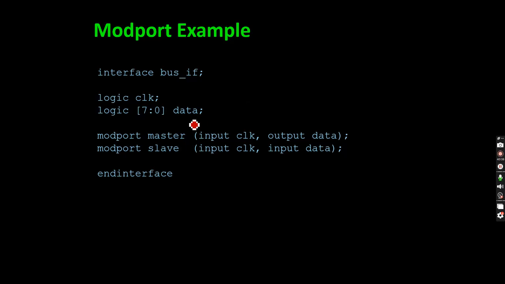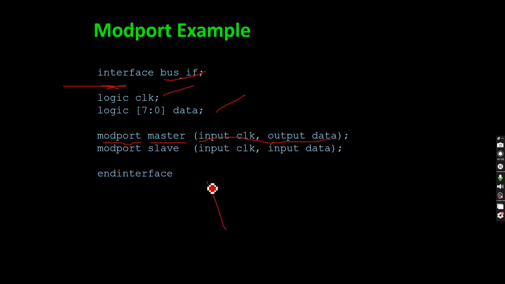See how to declare the mod ports. We declare the interface, and let's say there are signals: clock and data. Like this, we can have multiple signals here. Then modport master; modport is the construct, and master is the name. Here I am making input clock, output data.